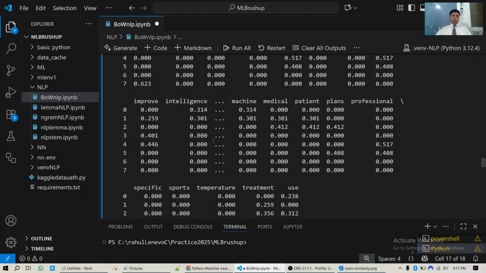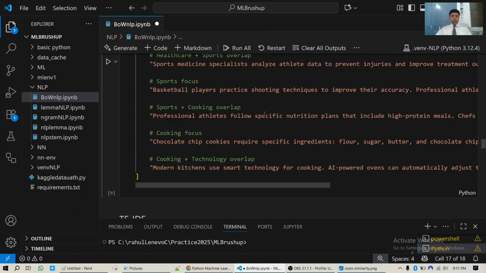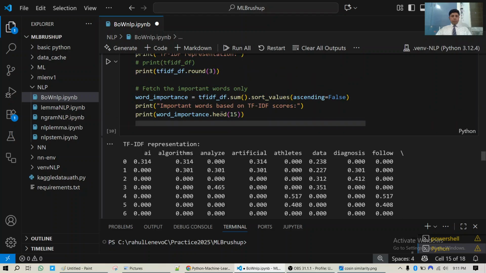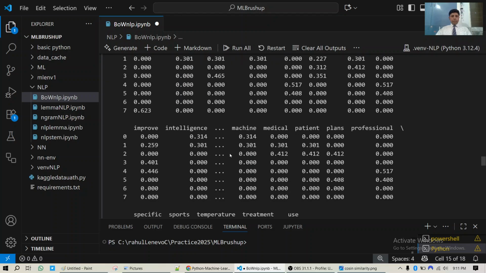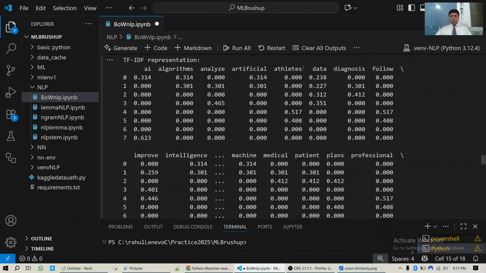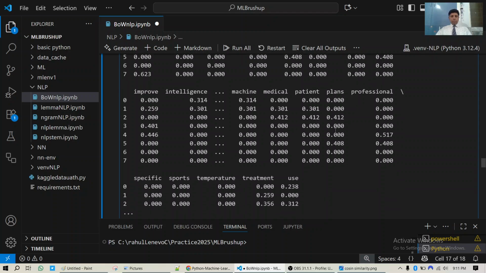We had documents that have context of sports as well. You see here, like athletes, if you see here. Okay, so document 4 has that mention.